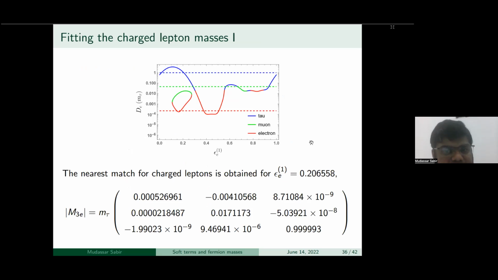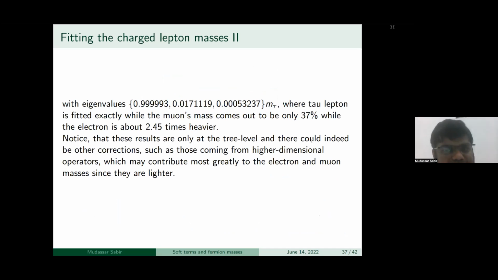So at around 0.2, we see that the red touches the dashed red line, and blue touches the blue dashed line, which are the reference values, but the green and the red are not exactly touching. So we do not have the exact fitting. The eigenvalues are such that the tau mass is fitted exactly, while the muon mass comes out to be only 37%, while the electron is about 2.45 times heavier.